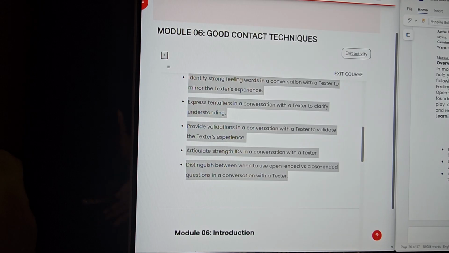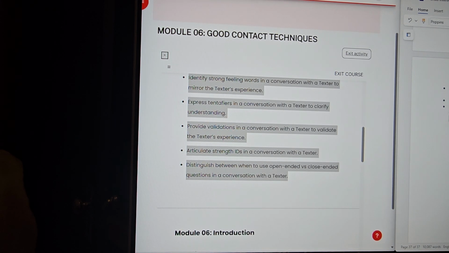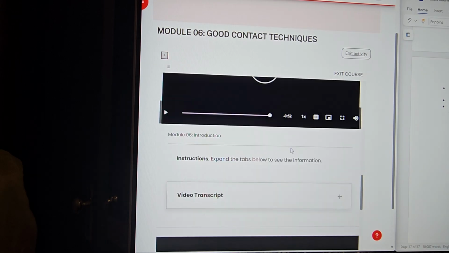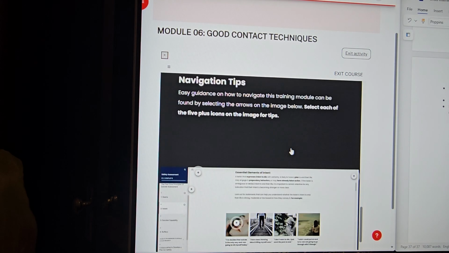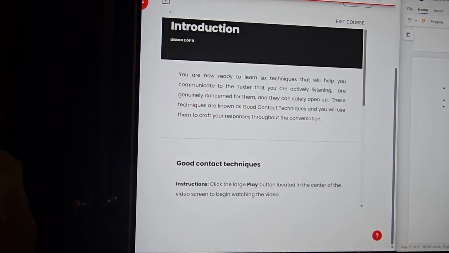Alright, so good contact techniques. The introduction for this, we've already seen the video. Now I'm going to continue on from here. Introduction.